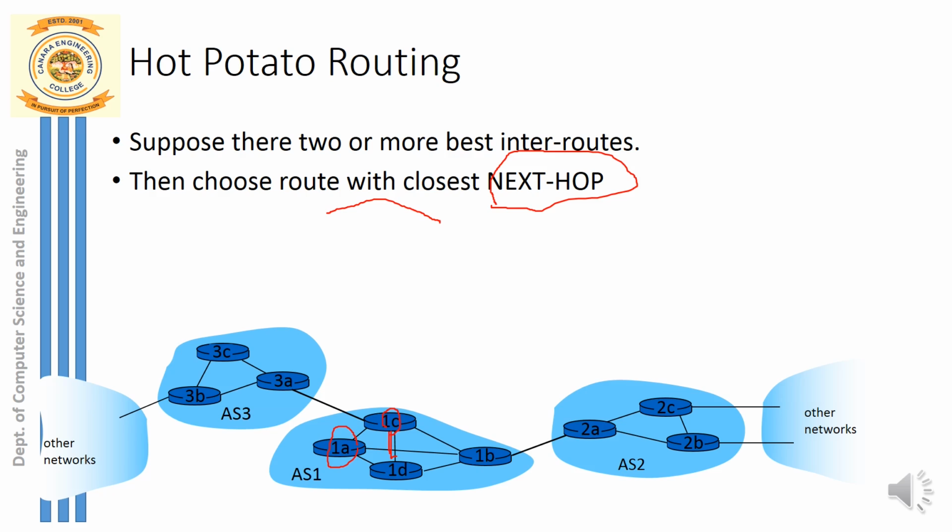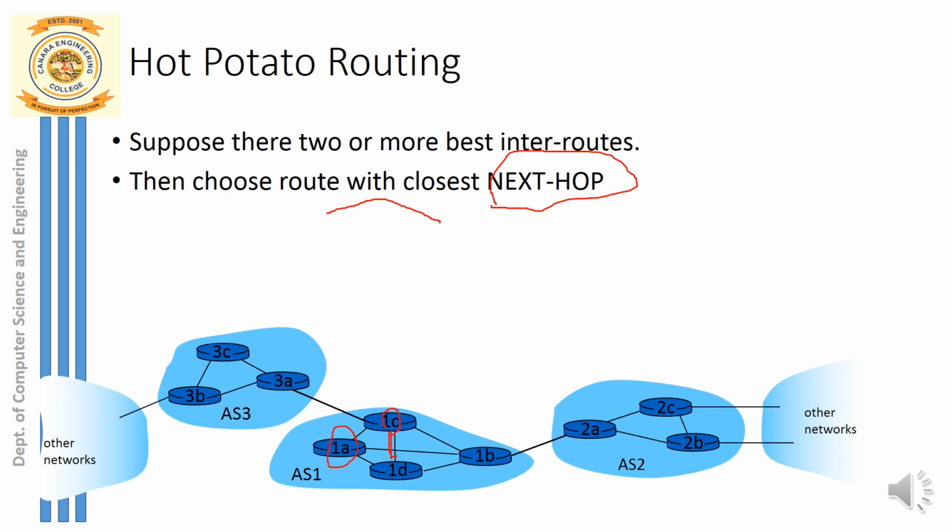Or, to give one more example, if 1C has to send a packet to 2A, from AS1 to AS2, 1C will first send the packet to 1B, and then from 1B it will reach 2A, right? So what is happening there is that for 1C to 1B, it will take the shortest path to reach 1B.